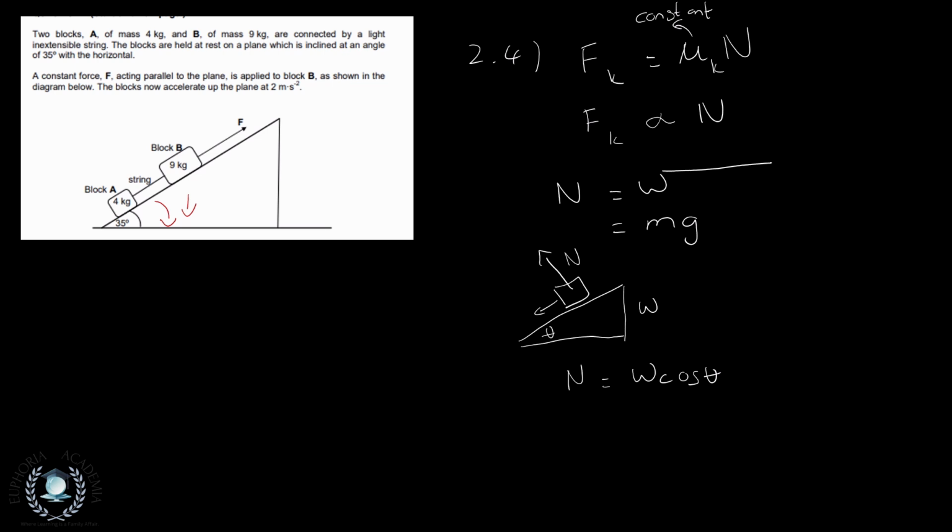That's essentially it. So if we replace that into our formula, we can see that Fk equals mu k W cos theta, right?